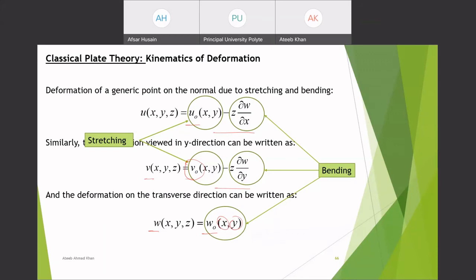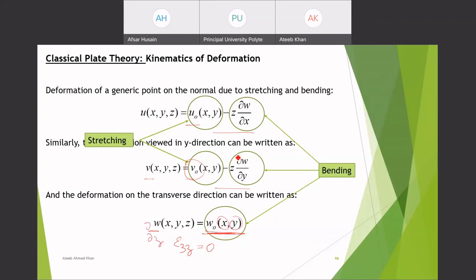The first assumption was that there isn't any elongation of the transverse normal. That means epsilon z equals 0. And that is the case if you take the derivative of W with respect to Z, which will be equal to 0.